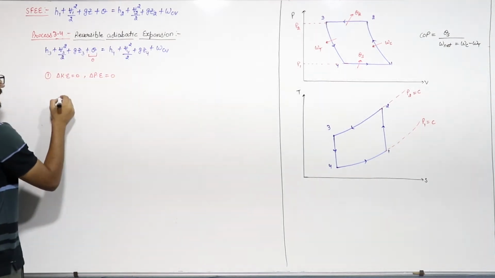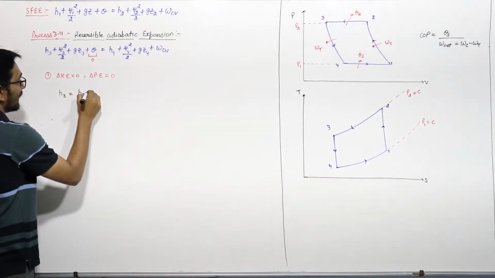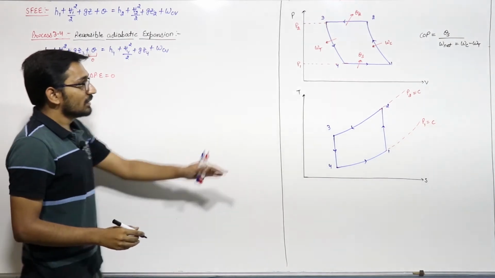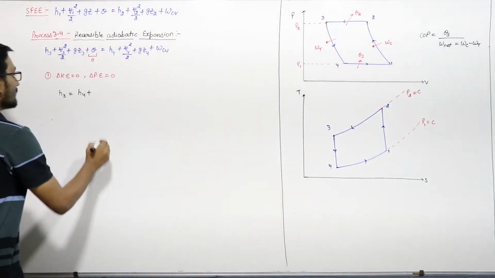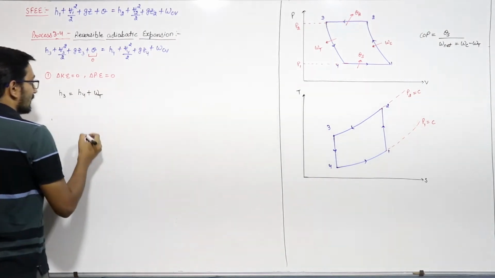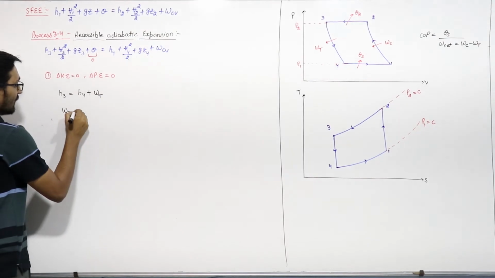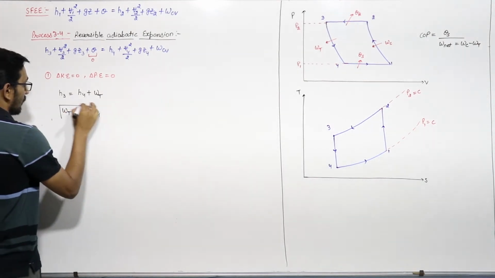So from here I will get H3 is equal to H4 plus the turbine work WT, because the turbine is giving some work to you, right? So WT will be equal to H3 minus H4.